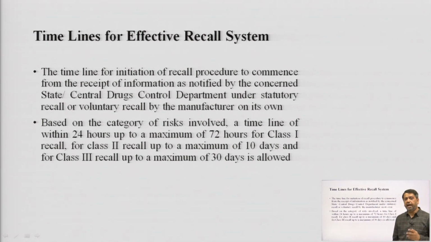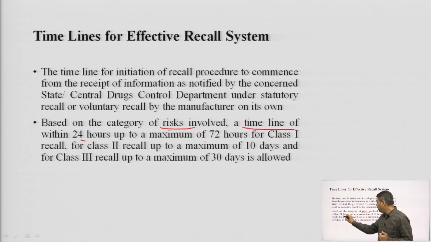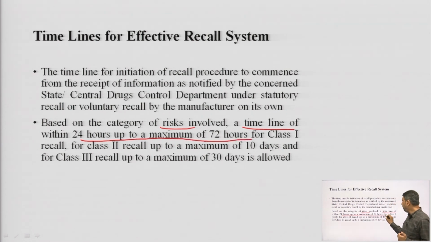Now, there are some timelines for an effective recall system. So, what are these timelines? That again depends upon what kind of recall we are initiating. Based on the risk involved in the product, we have to recall the product. The timeline is 24 hours up to a maximum of 72 hours for a class 1 recall.